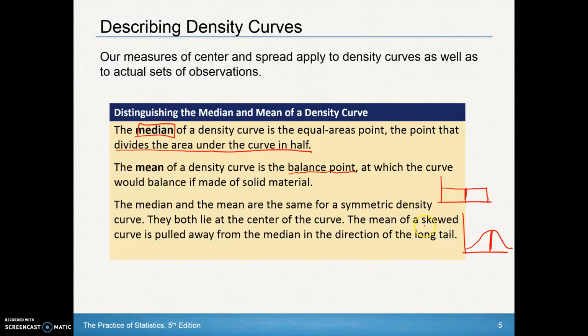And again, the mean of a skewed curve is pulled away from the median. So we've talked about that. The brontosaurus tail: if you've got the brontosaurus and somebody's pulling on the tail, that's going to pull the mean more this way. So that's where our mean would end up being.